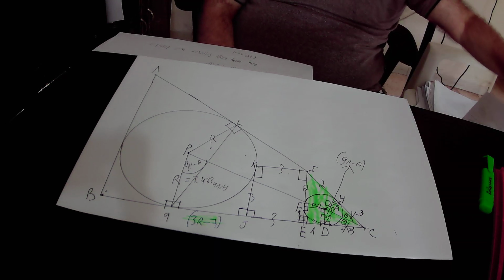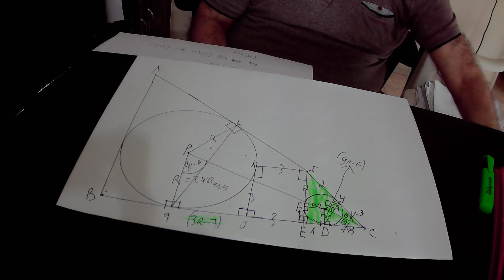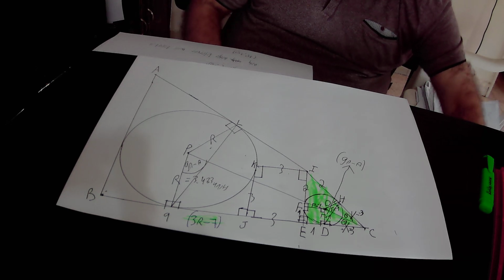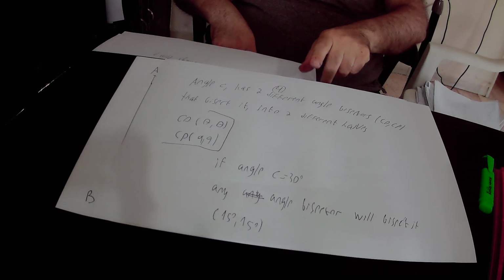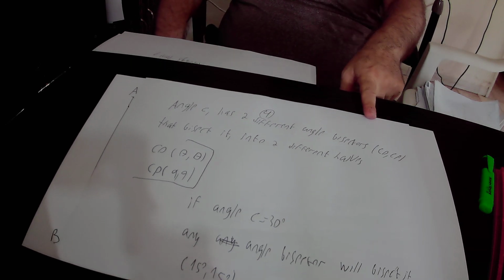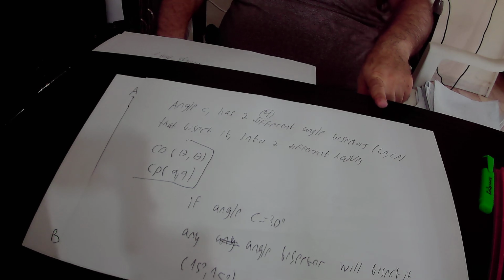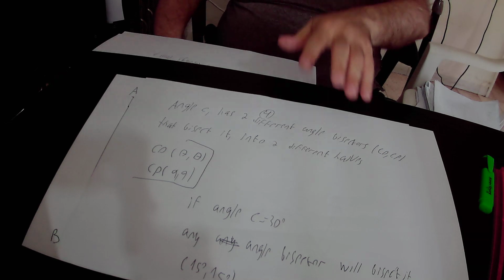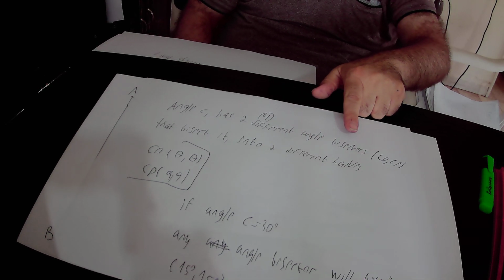And theta is not equal to alpha. So we actually found out that angle C has two different angle bisectors, CO and CP, and is bisected into two different arms.